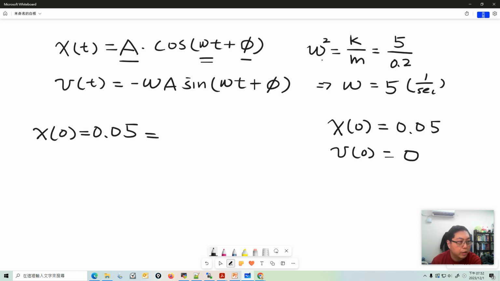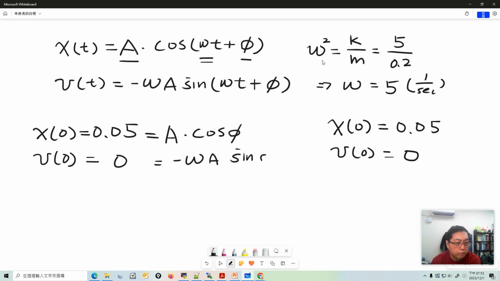Putting t equals 0 in the position function, you have A times cosine phi. The other is v0 equals 0, and putting t equals 0 in the velocity function gives minus omega A sine phi.